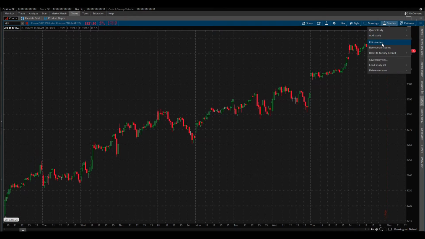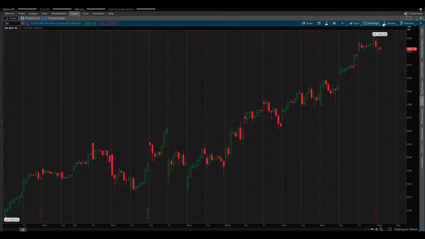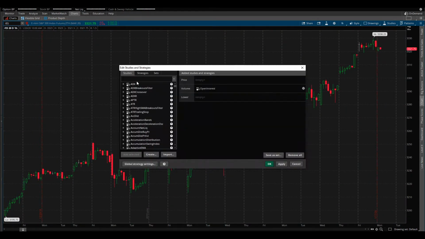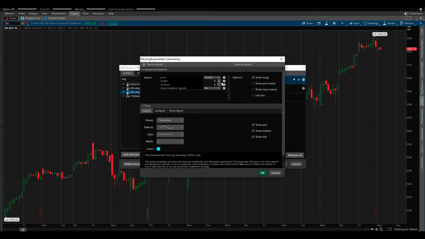So I'm going to go ahead and set that up so you can kind of see how it works. Again, I'm on the 15 minute, and you know what, I'm going to go on at least the 1 hour here, because it is a little bit more medium term. So we're going to do exponential moving average. We're going to change this to the 15, and I like it.